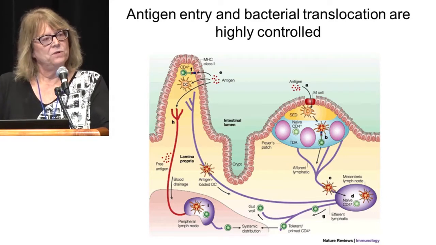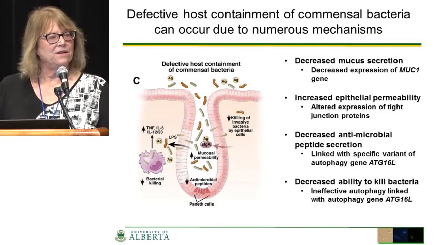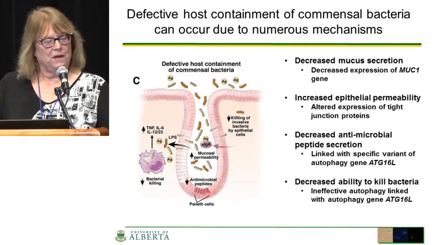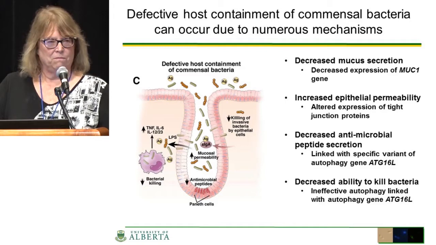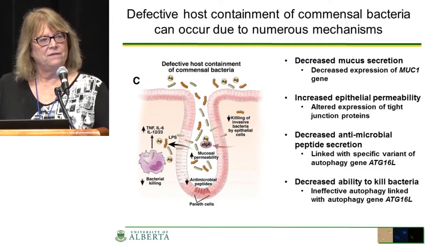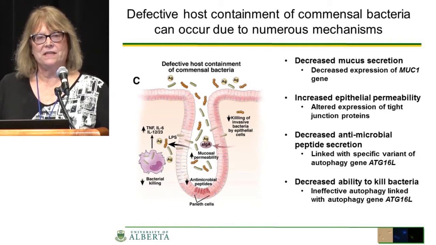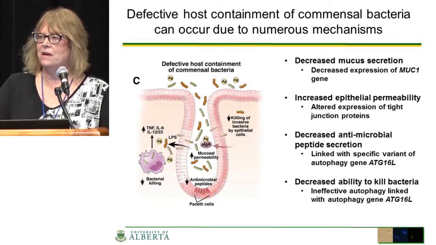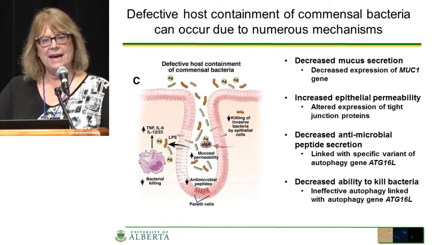And defective host containment of commensal bacteria can occur due to a lot of different mechanisms. So if you lose mucus, which you just heard about, or if you alter expression of tight junction proteins, bacteria can come across. If you have decreased antimicrobial peptide secretion, you will not be able to contain bacteria and they'll be coming in.